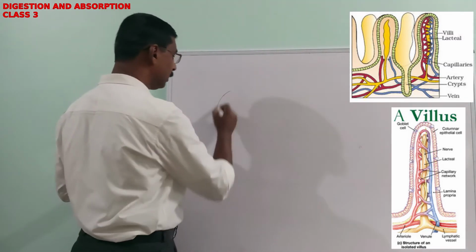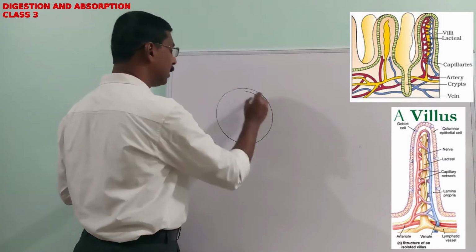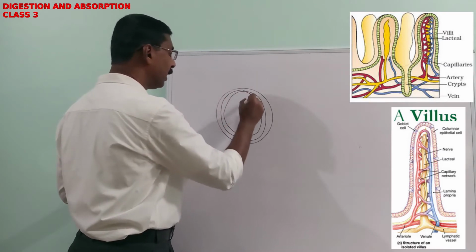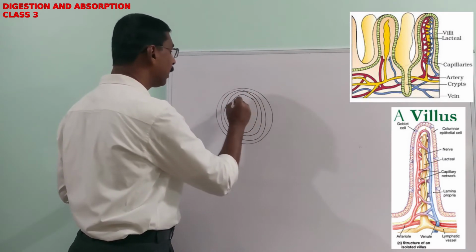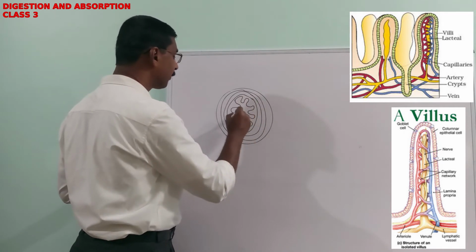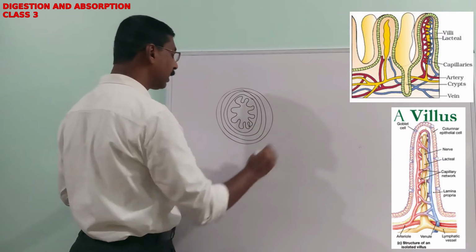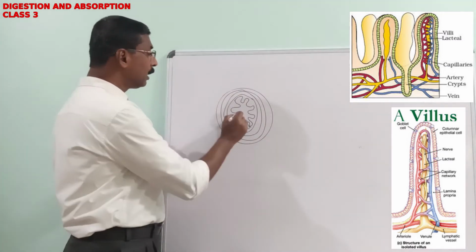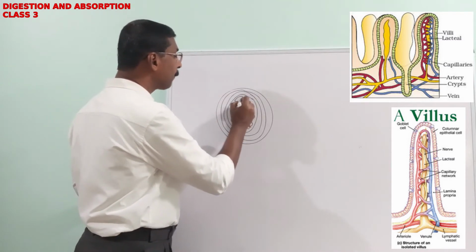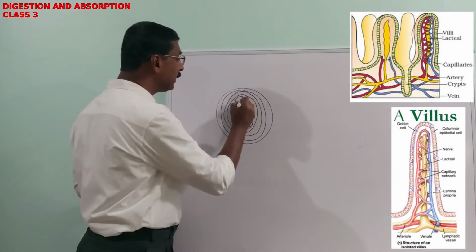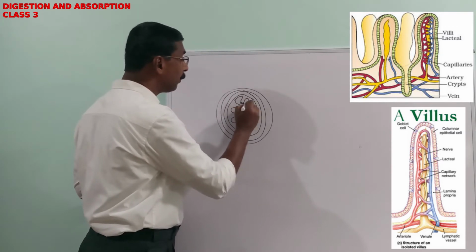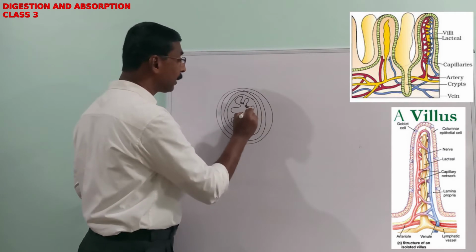Suppose this is the alimentary canal, this is the serosa, this is the muscularis and submucosa, and this is the mucosa with the villi. Okay, the same as you see in the diagram, villi. So this is the lumen through which the food passes, and each villi has so many finger-like projections with a brush-bordered appearance.